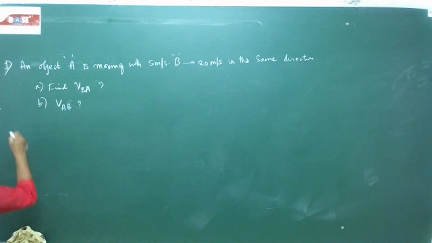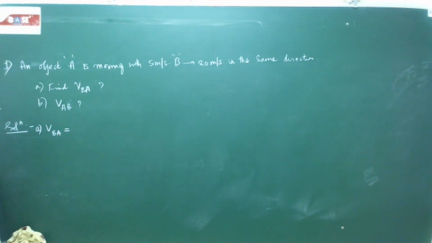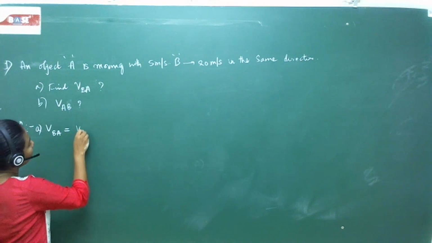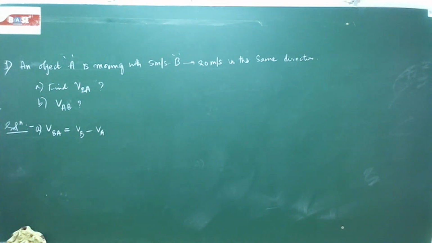So here, they have said they are moving in the same direction, right? So the velocity of B with respect to A is equal to VB minus VA, correct?